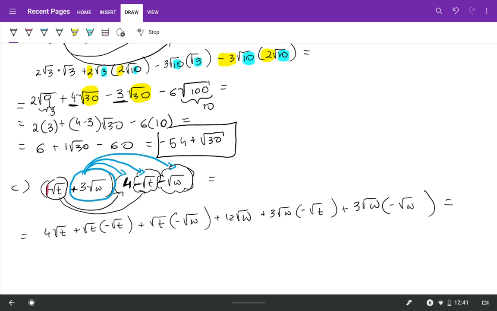Now it's time to simplify. So I showed it at work. So we have 4 square root of t. Now here you have radical of t times negative radical of t. So don't forget that this is negative 1 here, and this is 1. So I multiply the coefficients together. So 1 times negative 1 will give me negative 1. We'll just put like negative.